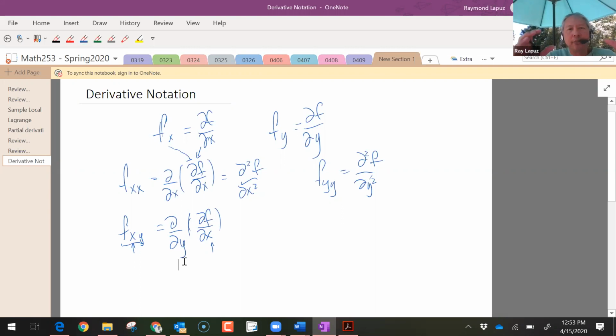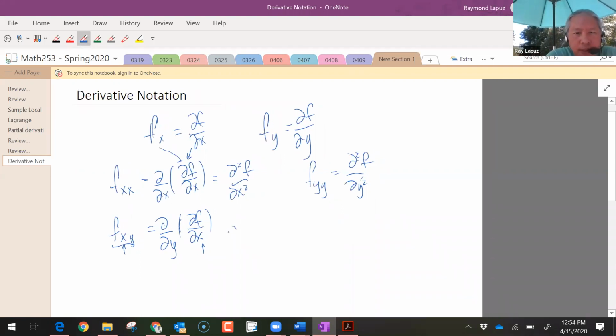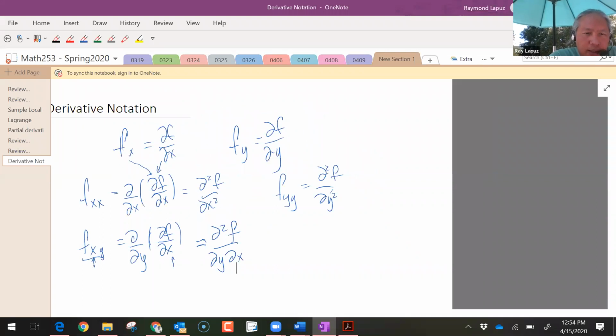And so when they put this together, this is going to be your d squared f divided by, and then now they write this in the order that it's written, dy dx.